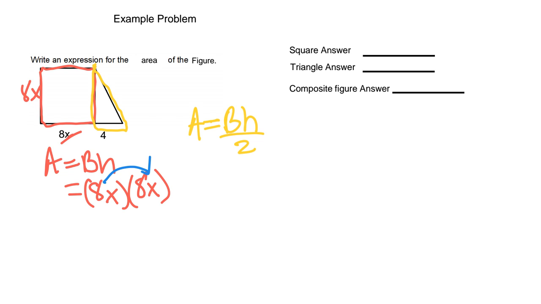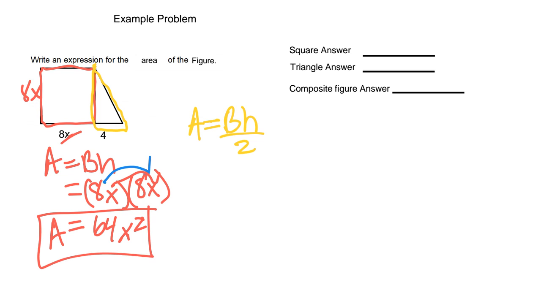We can multiply those two 8's together, so 8 times 8 is going to actually give us 64. And then according to the product rule, an x times an x is going to be x squared. So I can't combine 64 or x squared, so this is the area of just the square right there. So 64x squared is my area.